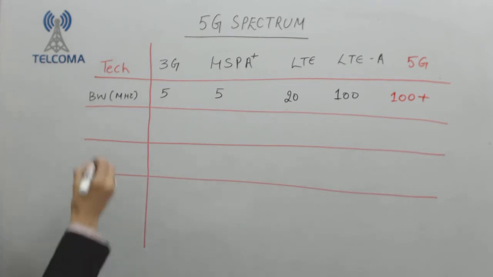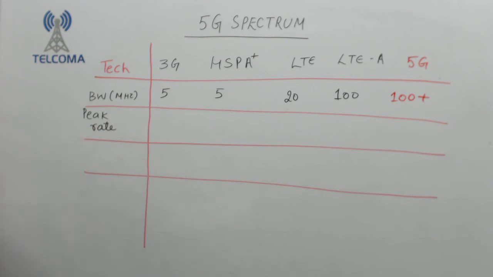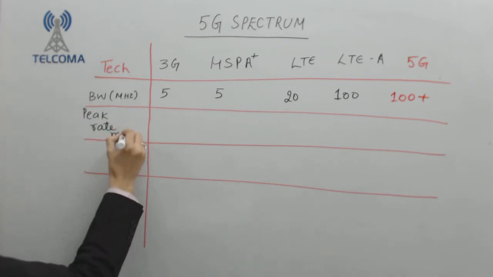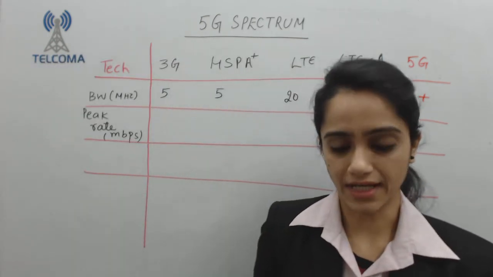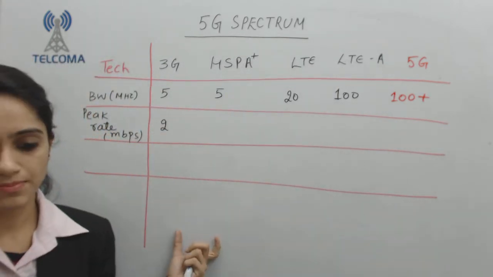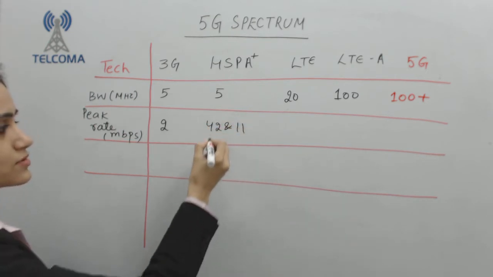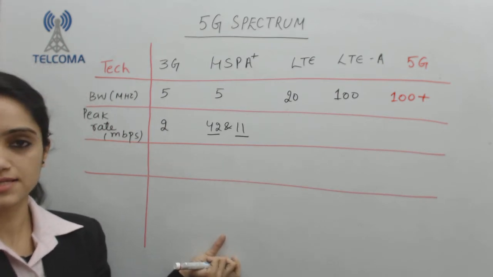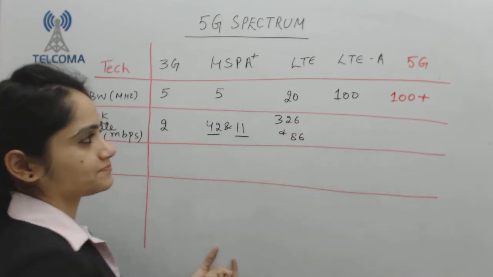Now the peak rate. If I compare the peak rate, first we will compare in Mbps. Peak rates are the maximum achievable data rates. Here we have 2 Mbps as a peak rate, then 42 and 11, where 42 is for downlink and 11 for uplink, in HSPA+. Then we have 326 and 86.